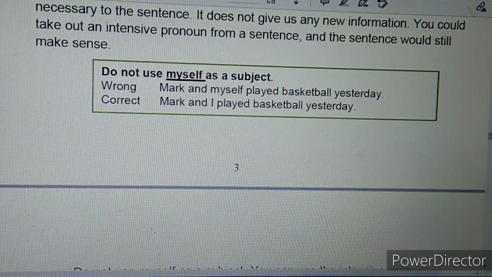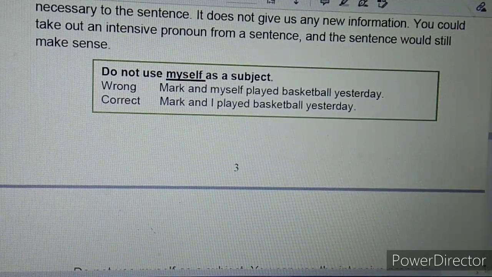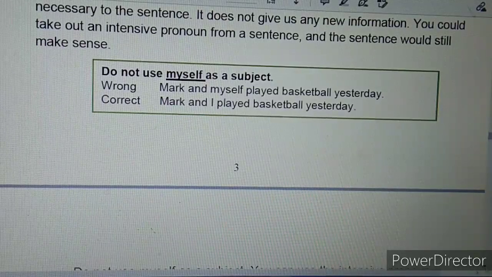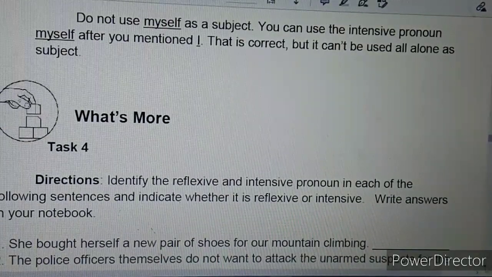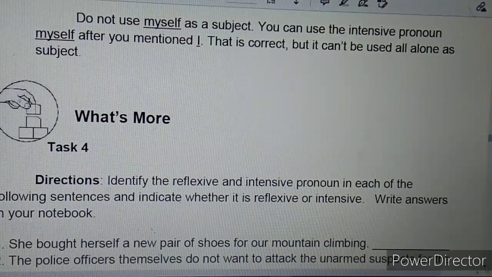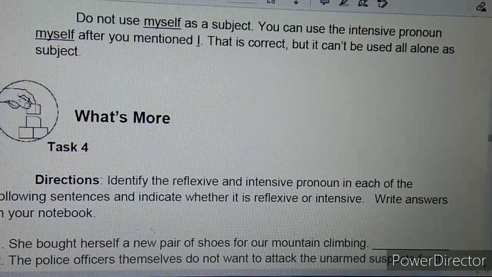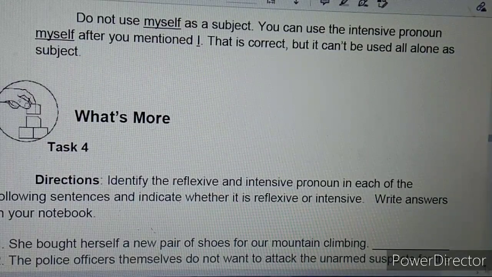The correct one for this is, Mark and I played basketball yesterday. So again, do not use myself as a subject. You can use the intensive pronoun myself after you mentioned I. That is correct, but it can't be used all alone as subject.